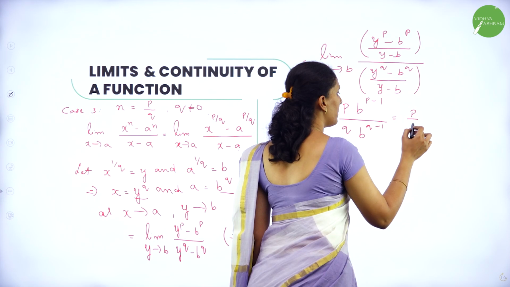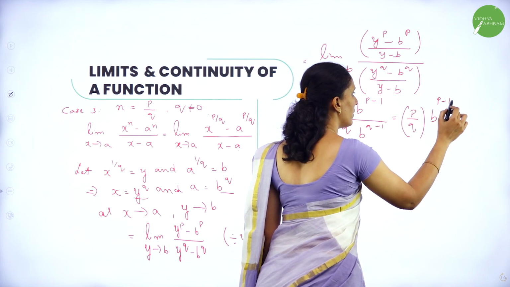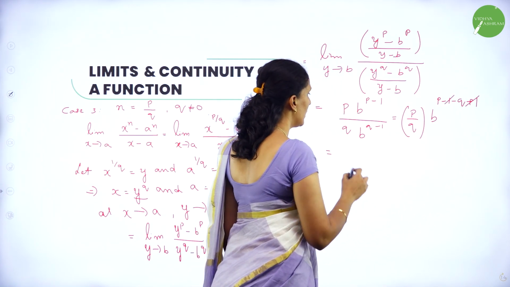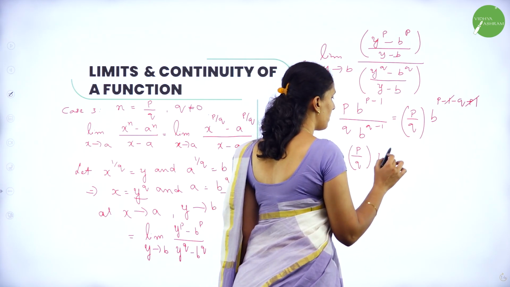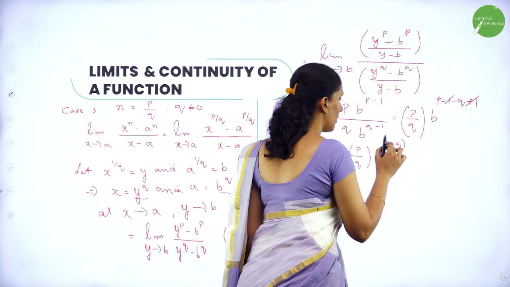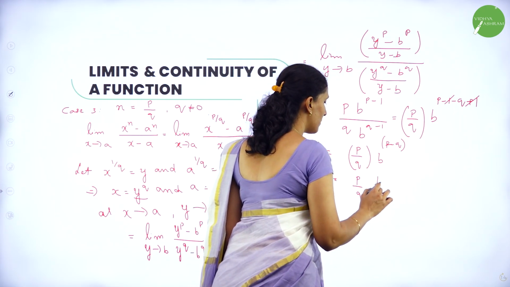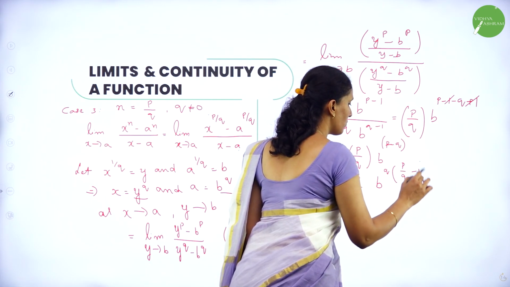We can separate p by q. Then I'll get the power of b as p minus 1 minus q plus 1, minus 1 cancels. Then I'll get p by q, b to the power p minus q. Let me take q as a common factor here. I'll get b to the power q, here I'll get p by q minus 1.